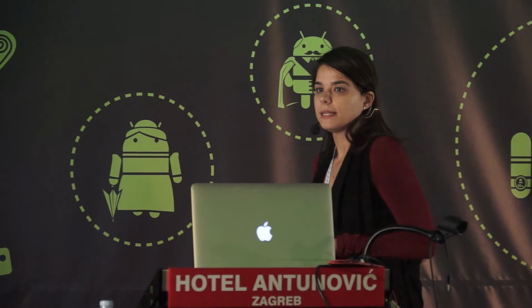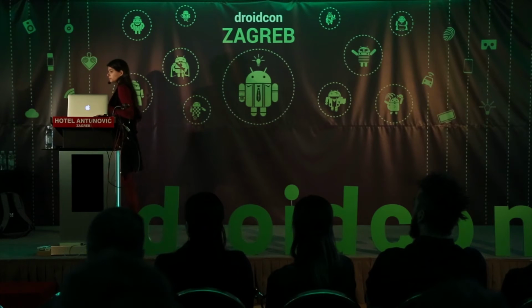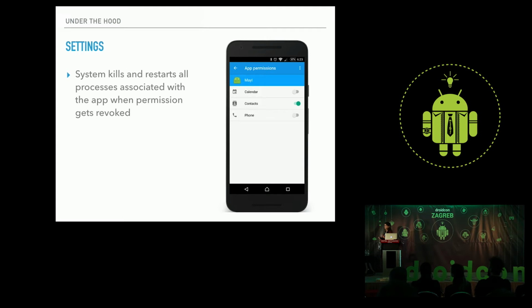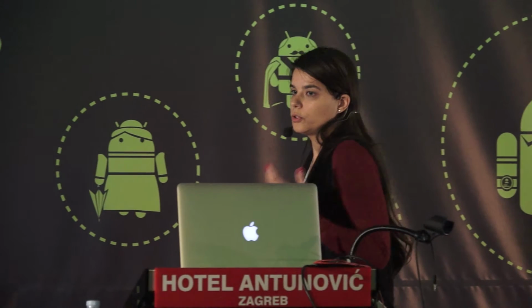But it's good to know that, and it's also important to keep in mind your background services, because they will get restarted as well. The opposite action, if the user grants the permission from settings, will not affect your application lifecycle whatsoever. So those operations are not really symmetric, and that fact really pushes us to check if we have the permission each time we call the protected API.